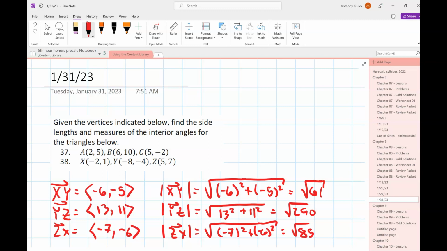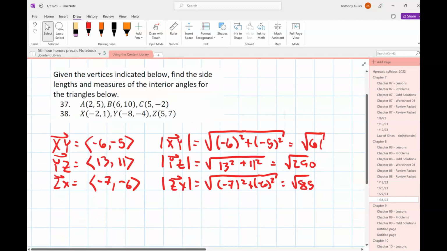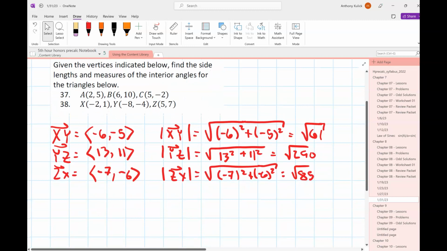Everybody so far so good? All right. To do the angle between two vectors, I'm going to use that angle between two vectors formula.